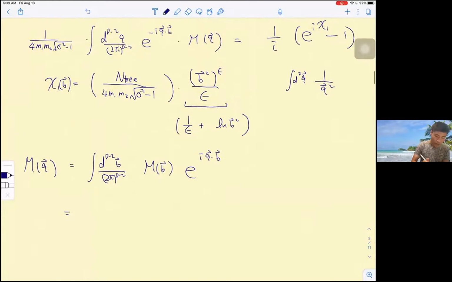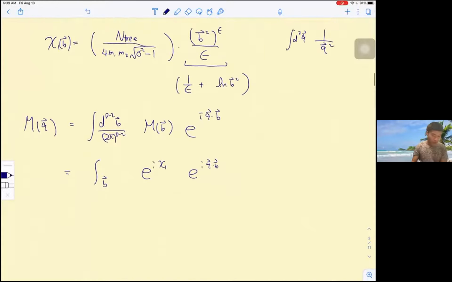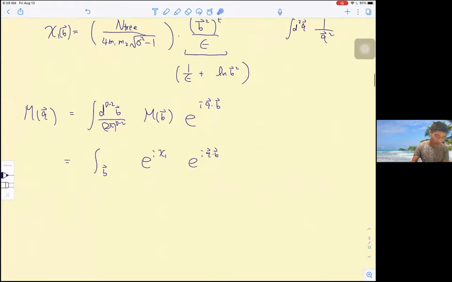I'll drop the constant here and just look at this phase part. So I have e to the i chi_1 over b. And this 1/epsilon just turns into a local delta function.